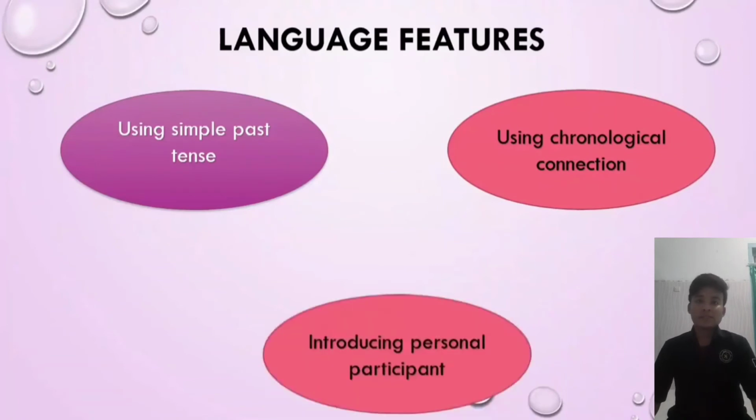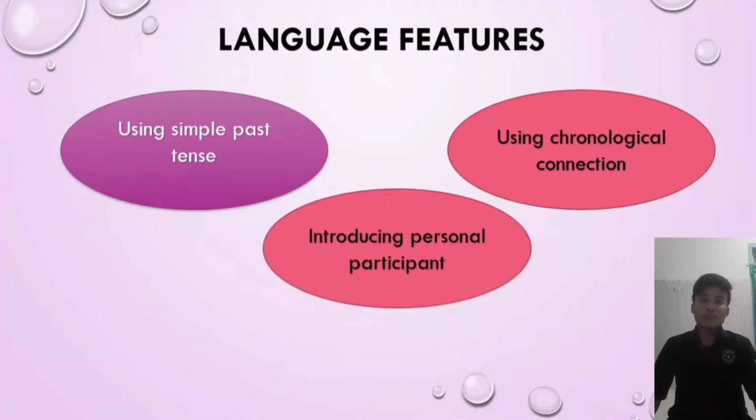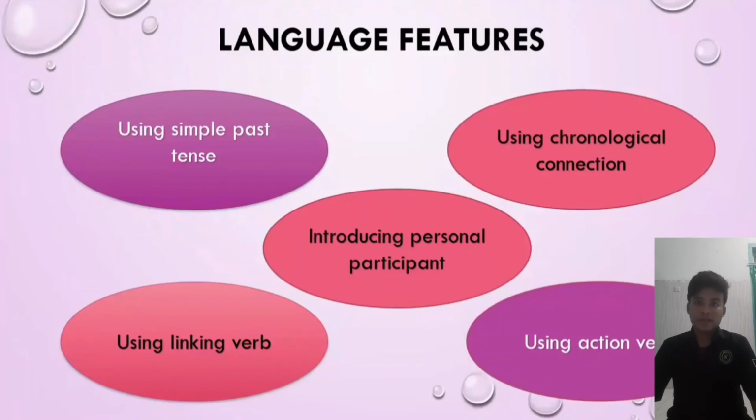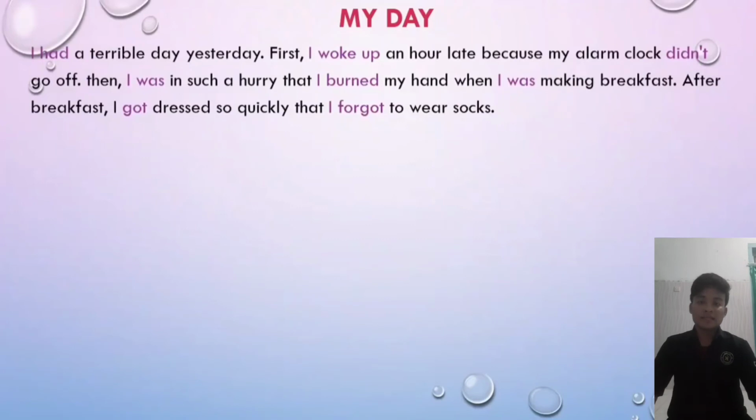Then for the second is using chronological connectives, and for the third is introducing personal participants, and also using linking verbs, and then for the last is using action verbs. After this, I will make it clearer. It is just for introduction, and for the last is analysis.